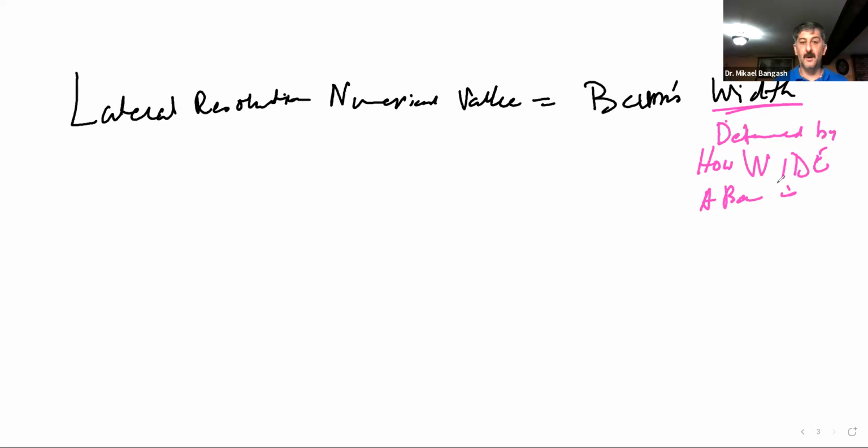Clear? And when we say wide, what does that mean? The side to side dimension of the beam, right? That is going to be the width.